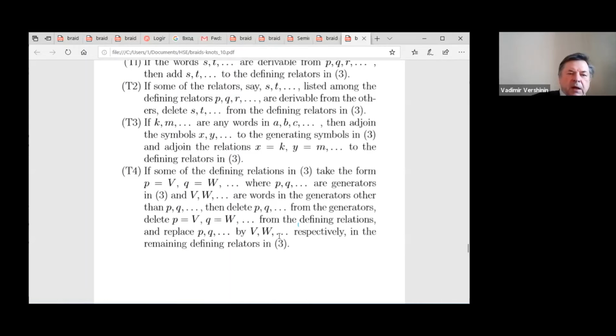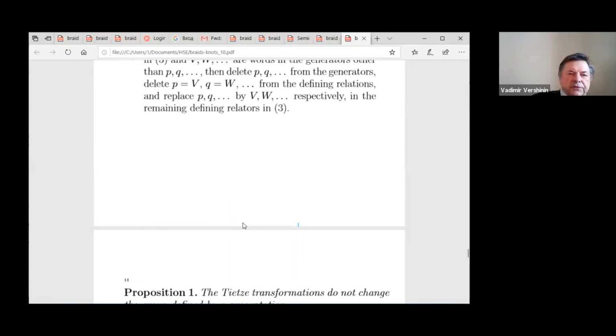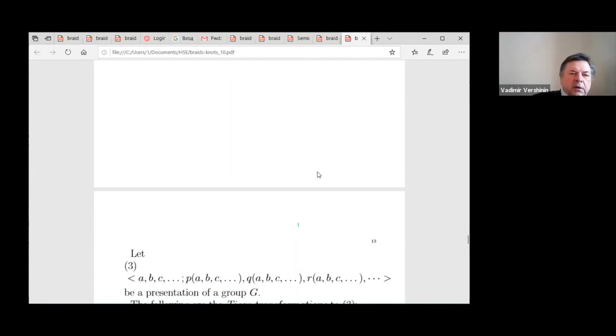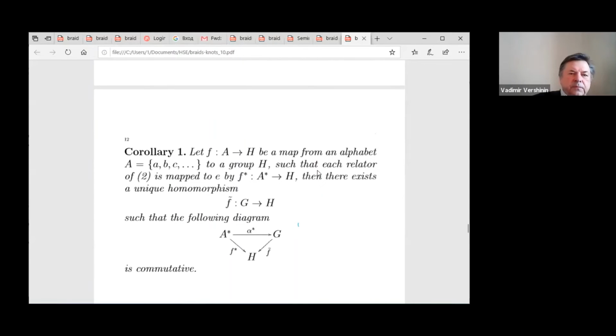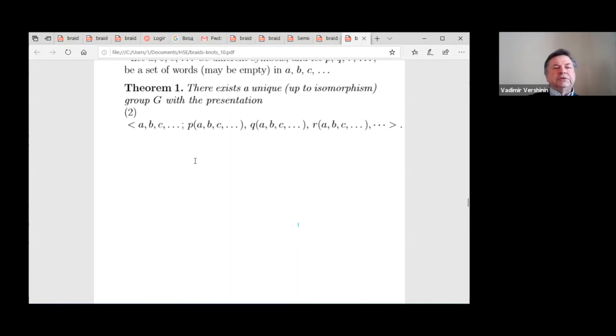All of them are evident transformations, and evident that the following thing: if you have a presentation, and you just, for example, make a word from P, Q, and R, and you add this word here, the word derivable from them.